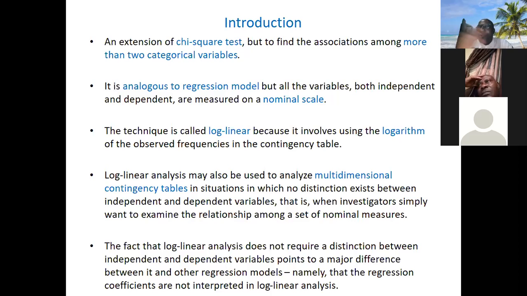You are not saying if one is outcome or the exposure. It's the same thing in correlation. Correlation is not looking at whether one leads to the other. They just want to know, is there any linear association? So that's what we mean by no distinction between dependent and independent, in some situations, not all.